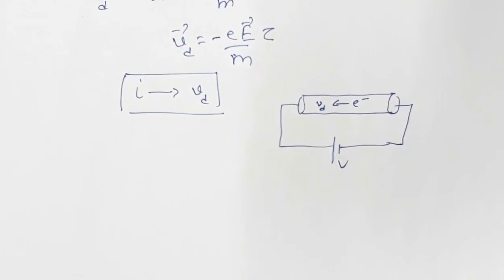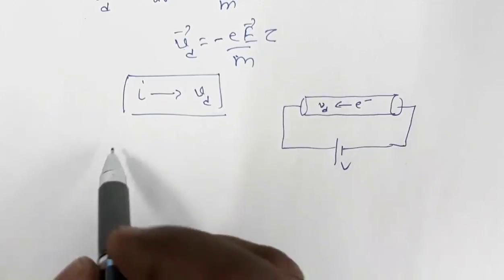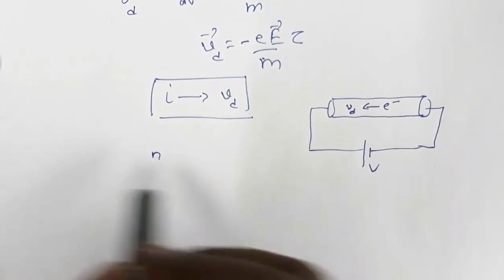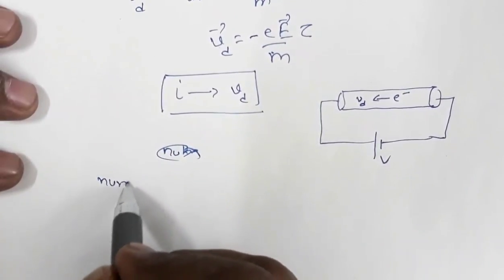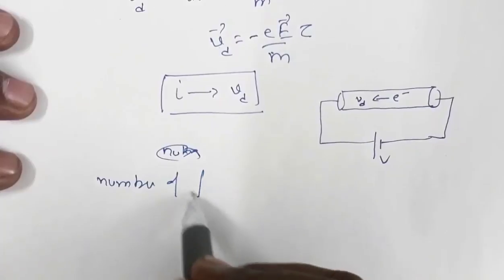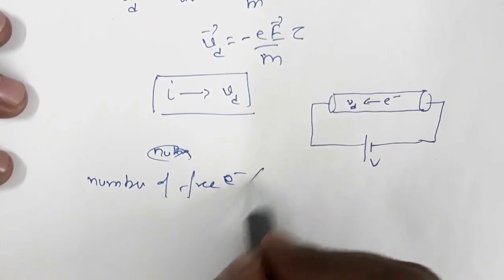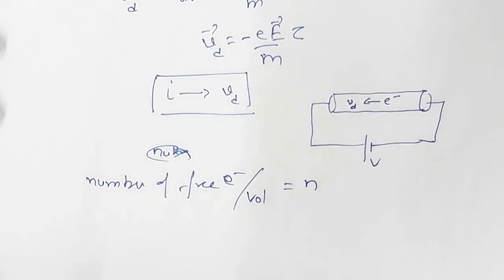Now let n, small n, be the number of free electrons per unit volume.